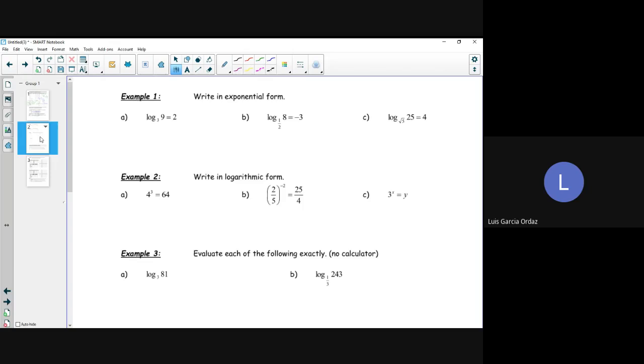So we want to write this in exponential form. We have log base 3 of 9 is equal to 2. How would we write that in exponential form? It's just 3 to the 2 is equal to 9.